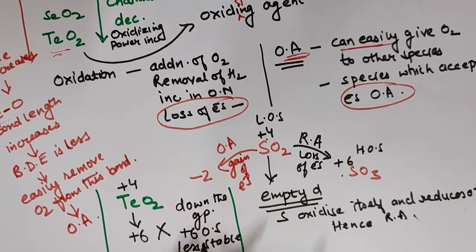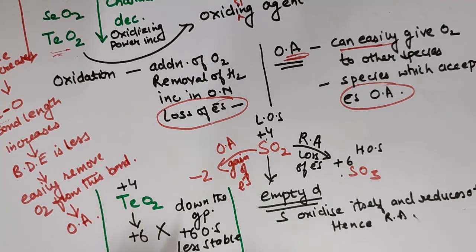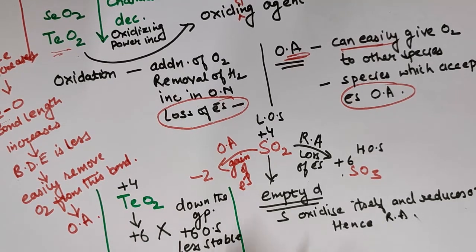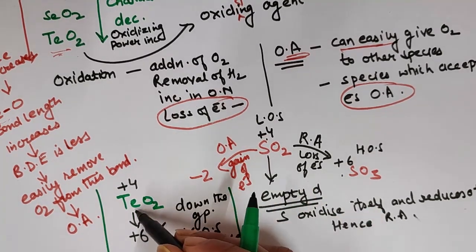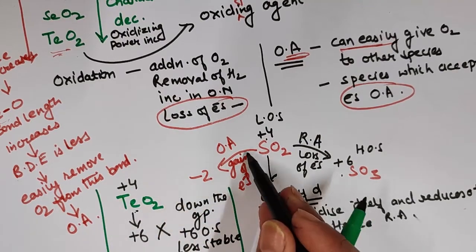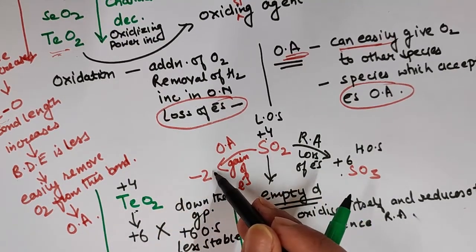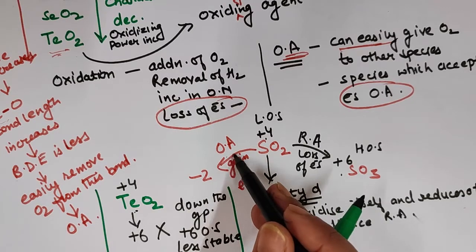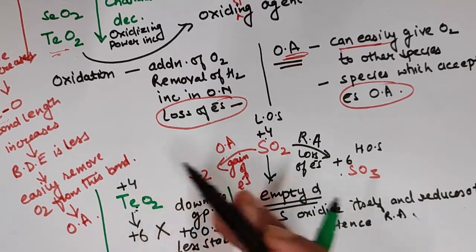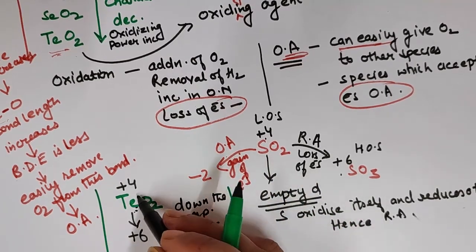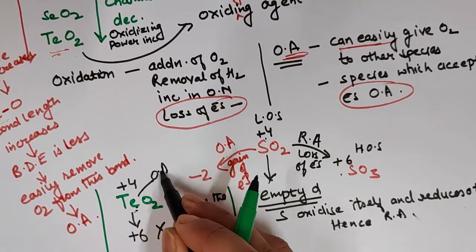So it can't go from +4 to +6, but it will prefer to go to a lower oxidation state. If it goes to a lower oxidation state, it will behave as an oxidizing agent.